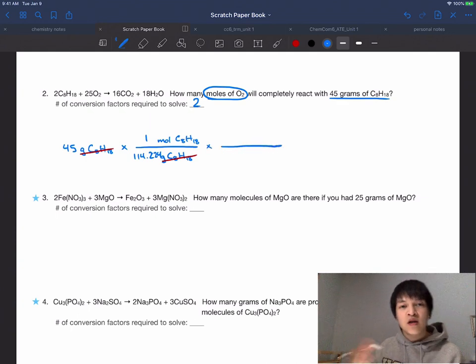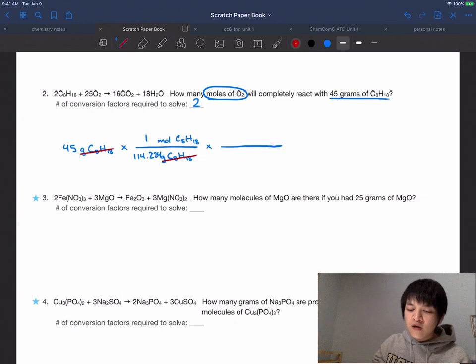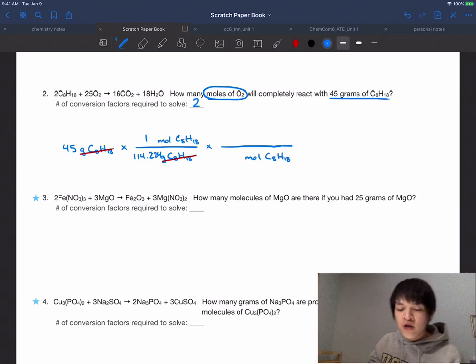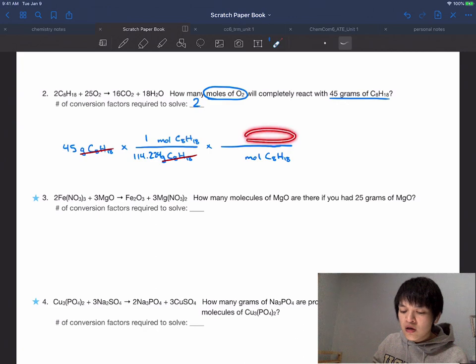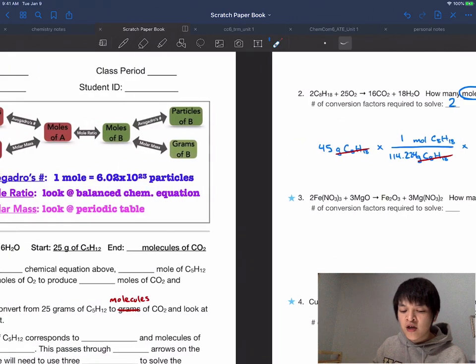So times, and draw a line again. The unit that's going to go on the bottom here is the unit that we already wrote down. Moles of C8H18 goes on the bottom.